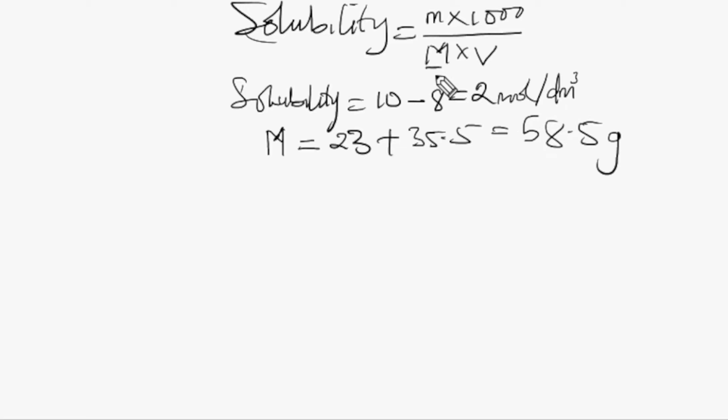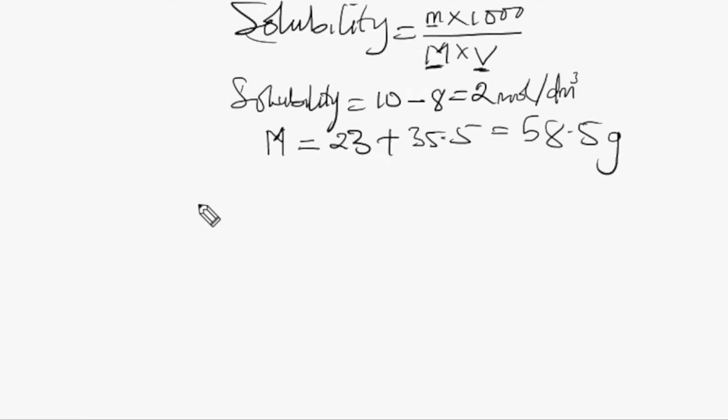Now, since we have the molar mass and the volume as well, and every other thing is set up correct, the only thing we are looking for now is the mass of the substance, or the mass of the crystals.